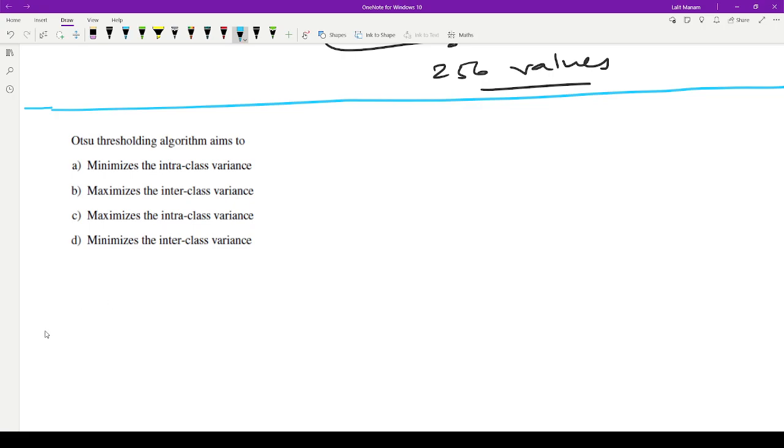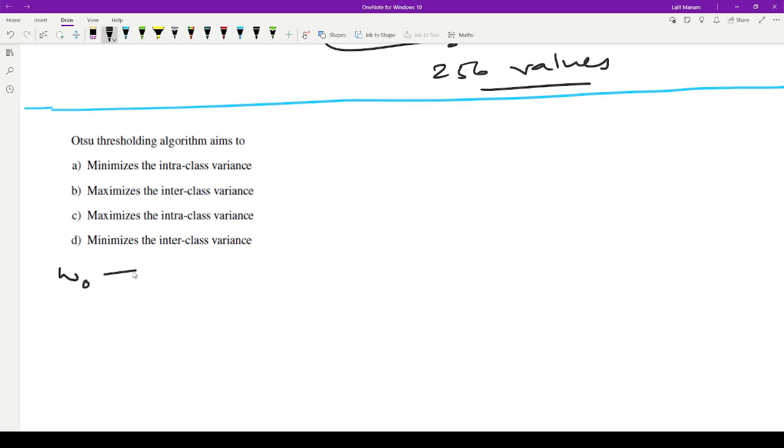Okay. So first, for that, I need to define what intra-class and inter-class variances are. Now, I'll define a few quantities here, which will not be similar to the lecture notations. But if you have any doubts, you can always contact me.